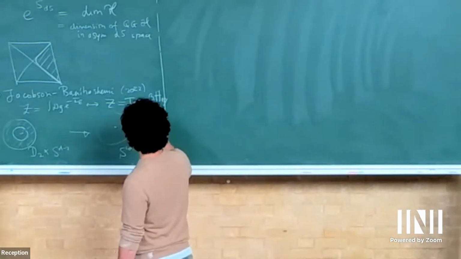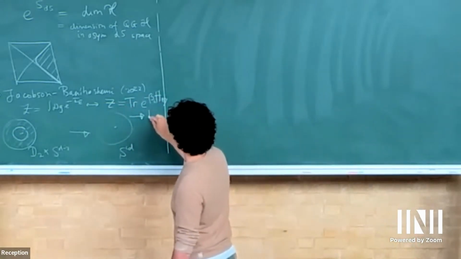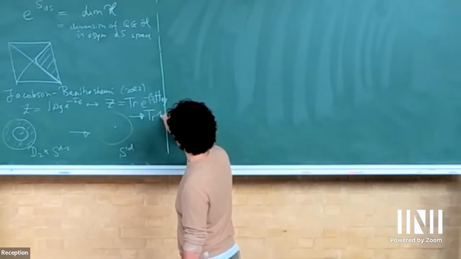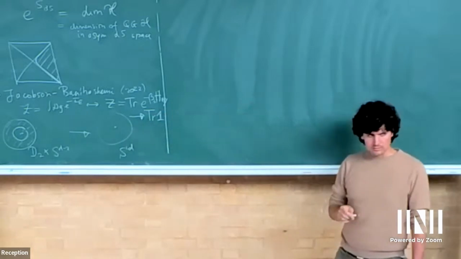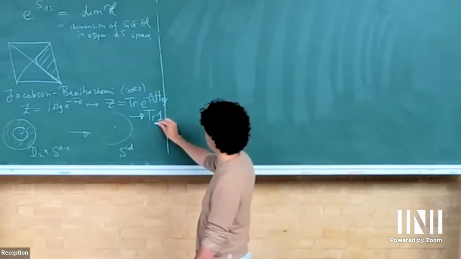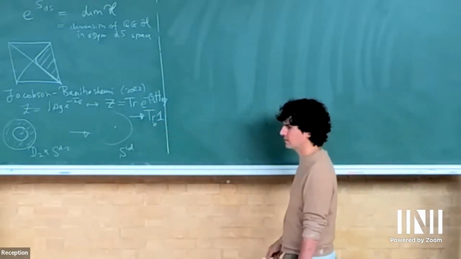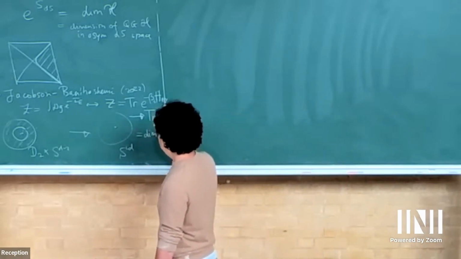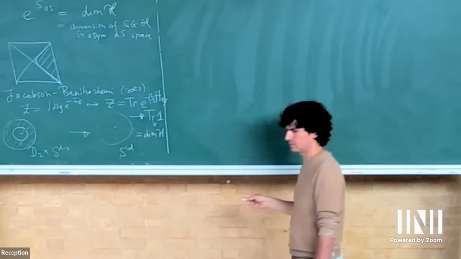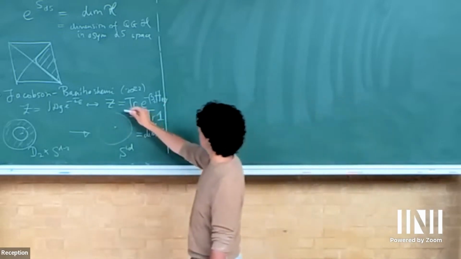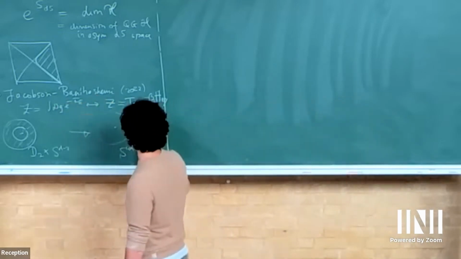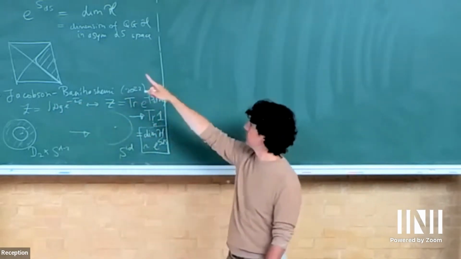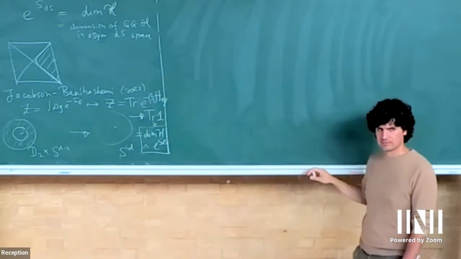So crucially, in that case, we get trace of 1. So the partition function is trace 1 over the entire Hilbert space. And if the Hilbert space is finite, this means that you count the dimension of the Hilbert space.